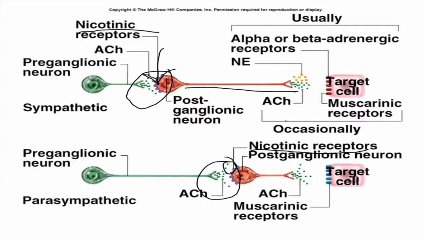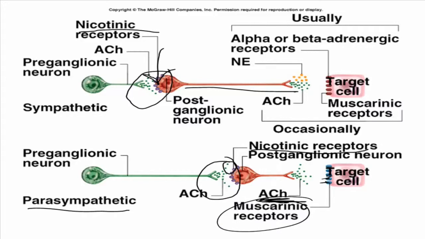In the parasympathetic system, that postganglionic neuron also pretty much always releases acetylcholine as the neurotransmitter. The trick is that the receptors on the target organ, so on the heart or on the smooth muscle of your digestive tract, are a different kind of receptor called muscarinic receptors.